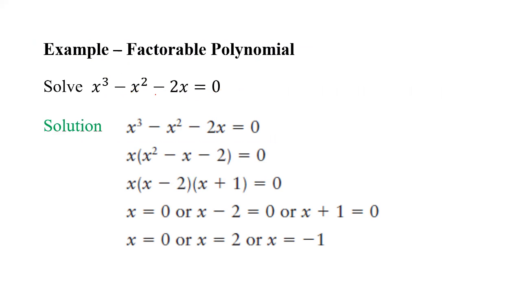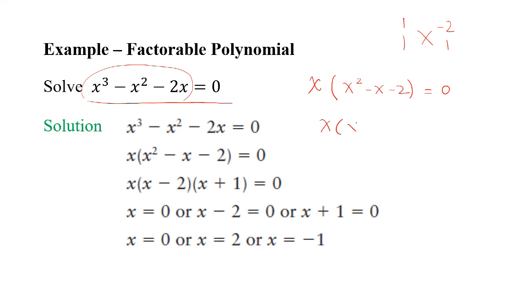Okay, so first of all, in order to solve this equation, we need to factor the polynomial on the left, right? First of all, we can put the greatest common factor in front, which is x. And what's left is x squared minus x minus 2, right? And this is 0. And x squared minus x minus 2, according to the cross product method, we can easily factor it into (x - 2)(x + 1), right?